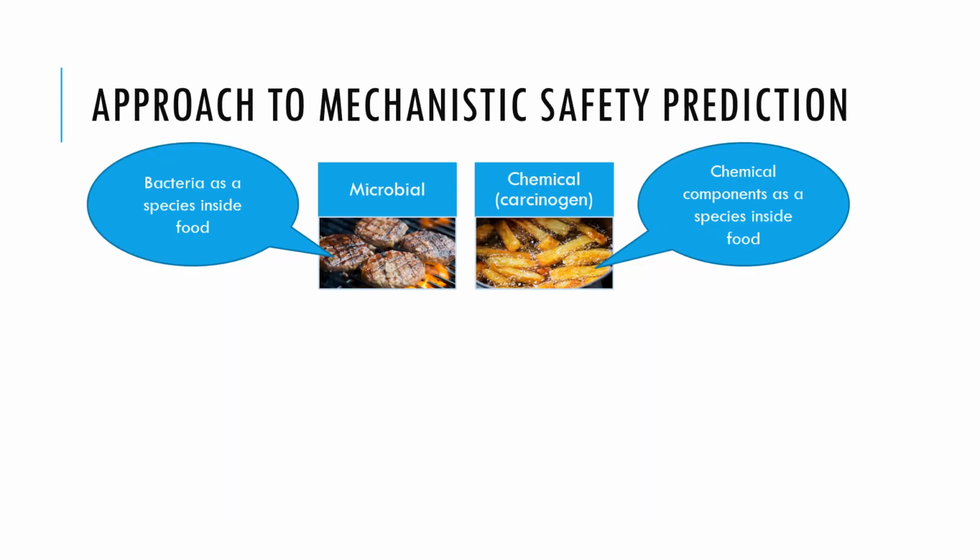In the quantitative treatment of microbial or chemical safety, or an approach to microbial or chemical safety prediction in a mechanistic way, the main idea is to treat the microbes or the chemical components inside the food as a chemical species. By treating them as species, it readily falls into the engineering framework already developed for species mass transport.